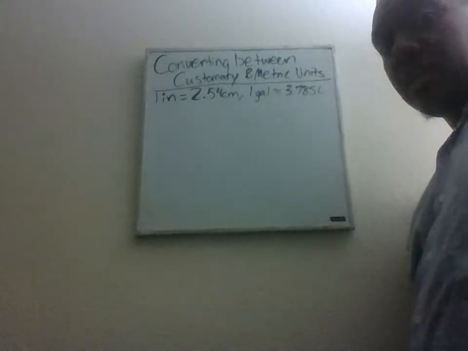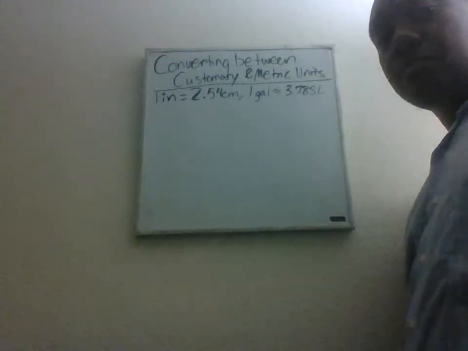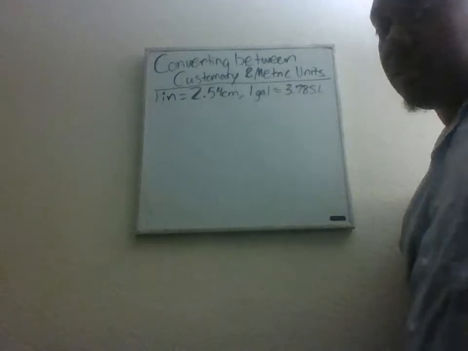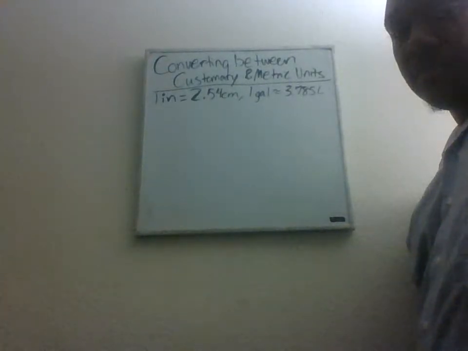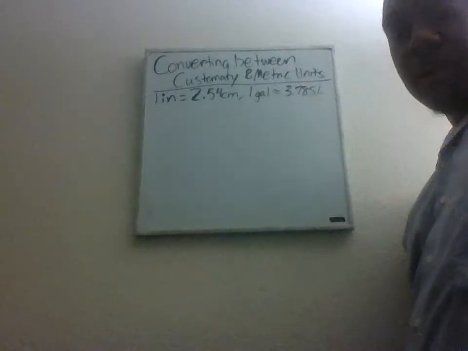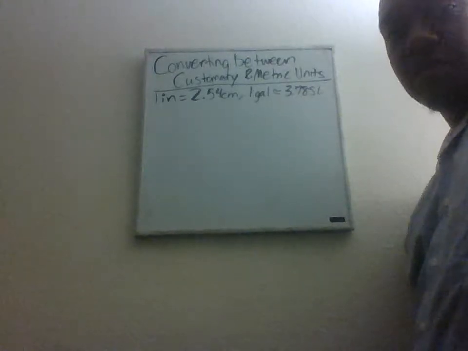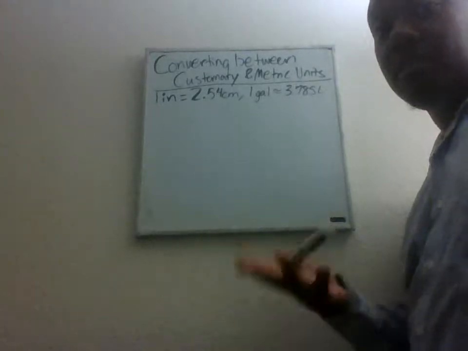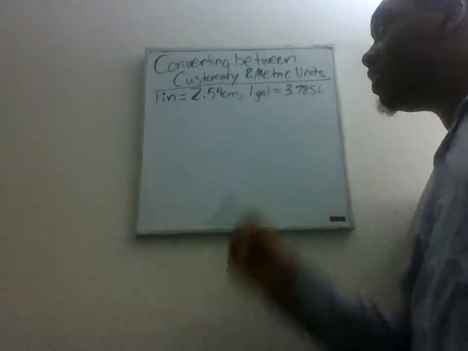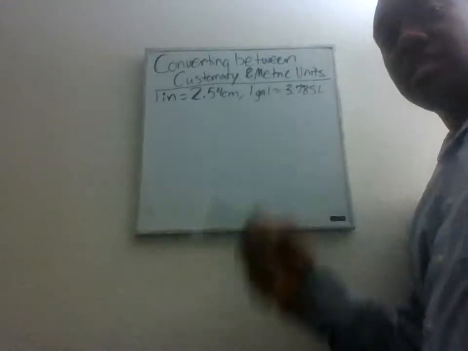Now, the other one that I gave you all is that 1 gallon is approximately 3.785 liters, because that's on just about every gallon of milk or water you ever bought. You see that number anyway, so it'll probably be easier for you to remember. This will be useful when going between capacities.